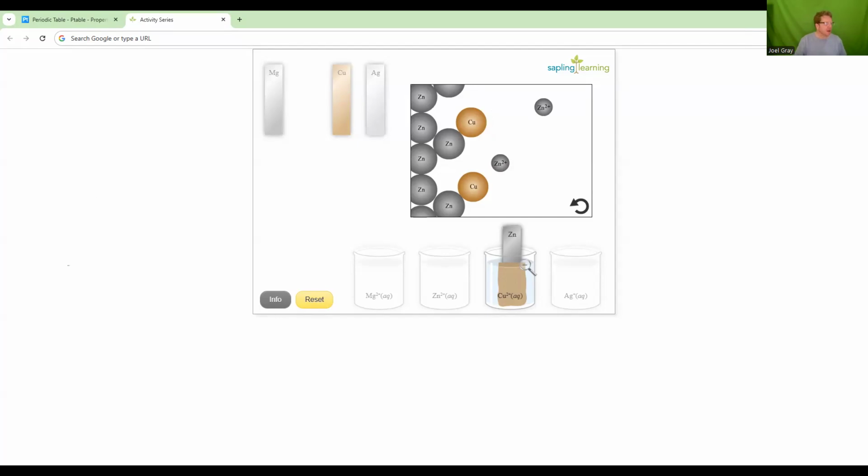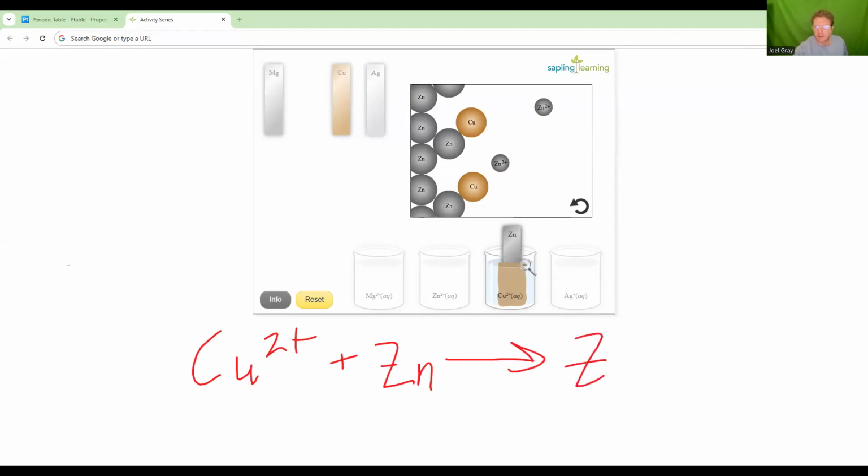So if you wanted to write that out, here's the way that this reaction shows. Cu2+ plus Zn. Okay, so those are our reactants. Yields Zn2+ plus Cu. Add to the chat, which gets oxidized? Keeping in mind, it's Cu2+ or Zn. What gets oxidized?